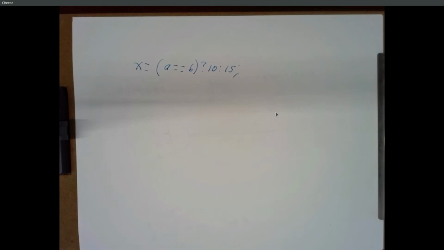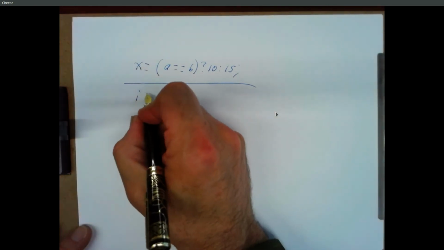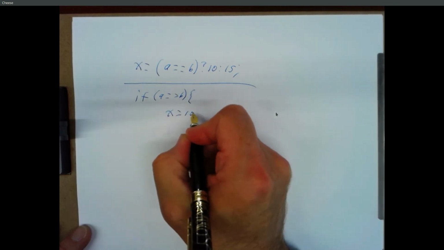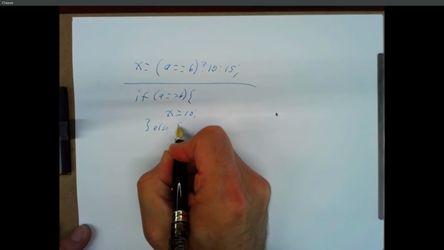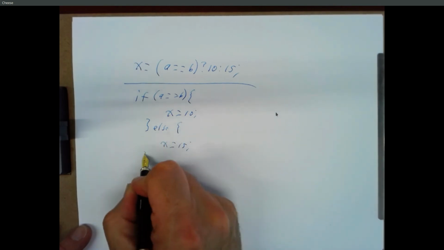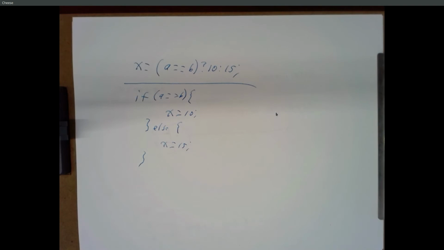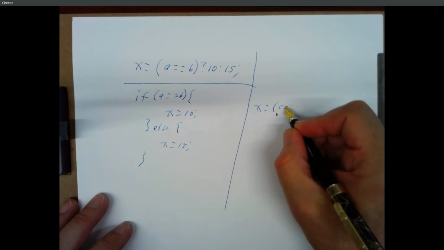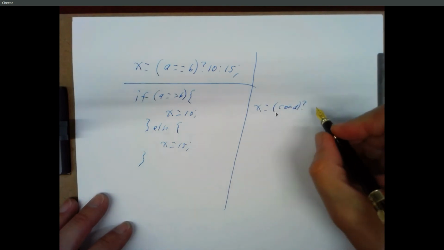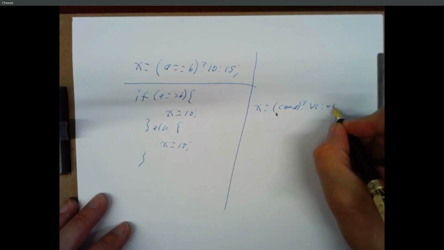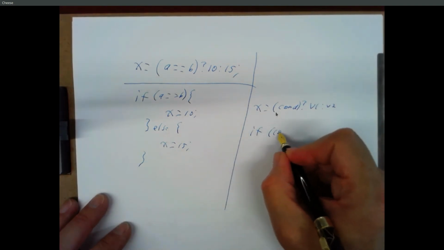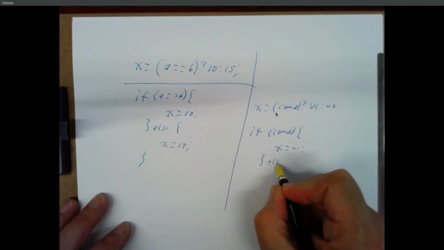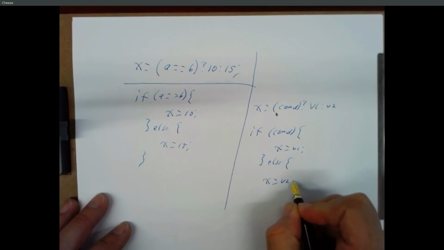So this is just a fancy way of saying if A equals B, set X equal to 10, else set X equal to 15. And more generally, we could say something like X equals some condition ? V1 colon V2. So if this condition is true, set X equal to V1, else set X equal to V2.